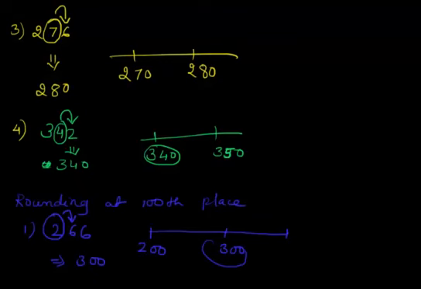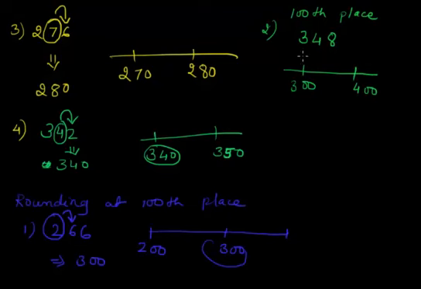Let's see another example based on this, rounding a 3-digit number at the 100th place. Suppose we have 348. 348 is lying between 300 and 400.